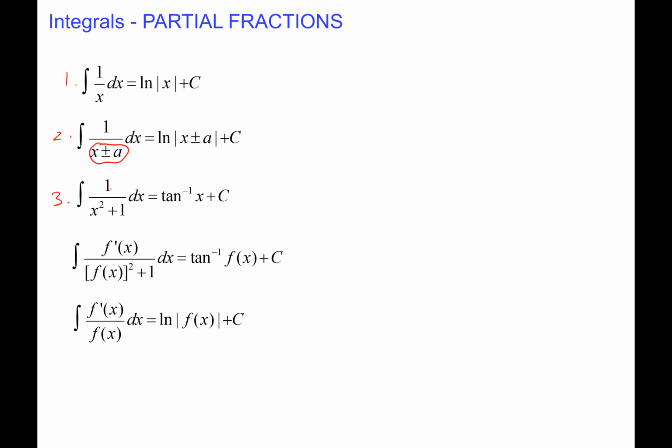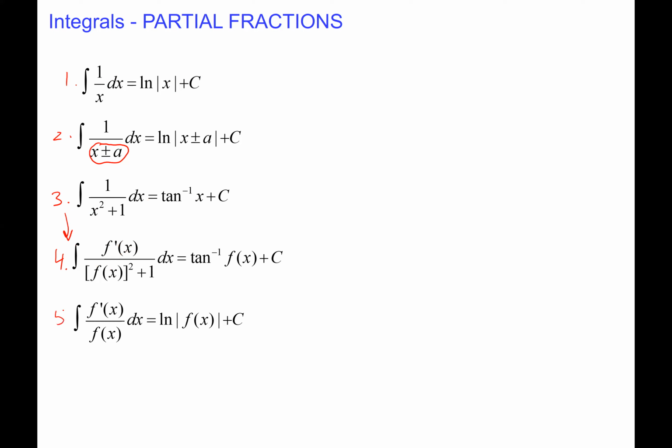Number 3 is a different story. It's x squared plus 1. This is inverse tangent. And number 4 is just the chain rule, or if we prefer to say U substitution, of the form 3. That means 3 and 4 are almost the same thing, but we do have an extra inner function.